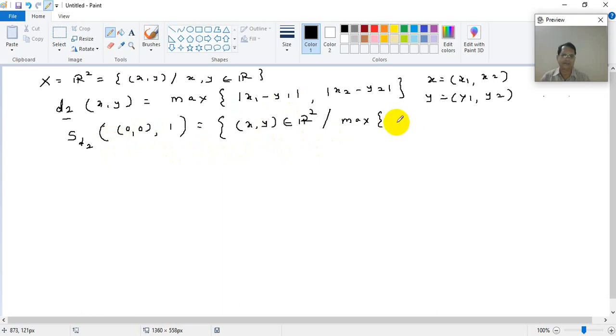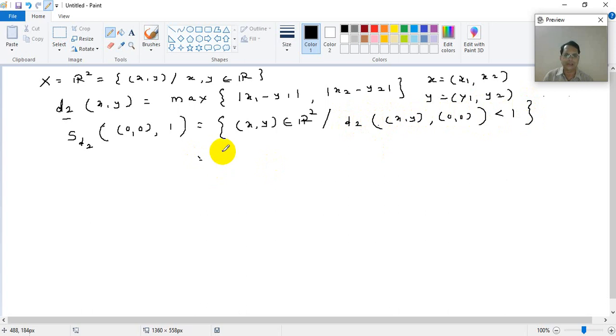The maximum of what? x comma y belonging to R2, let us first write this, that will be better. So we will write d2 distance. We have to consider those points where d2 of x comma y comma 0 comma 0 is less than 1.